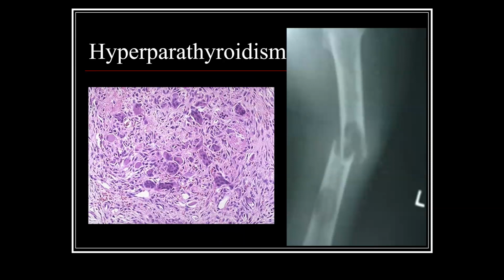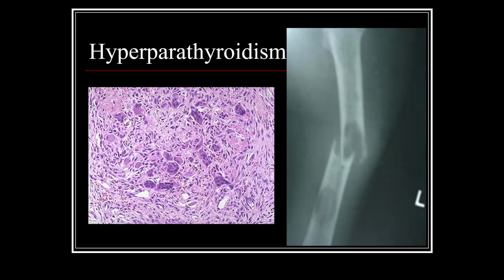Now, hyperparathyroidism can lead to the formation of these little islands of fibrotic tissue with a mixture of giant cells, maybe some fat cells and spindle-shaped cells that might look like a giant cell tumor, but they tend to be in a non-giant cell tumor location.